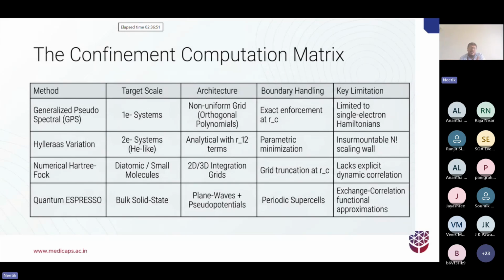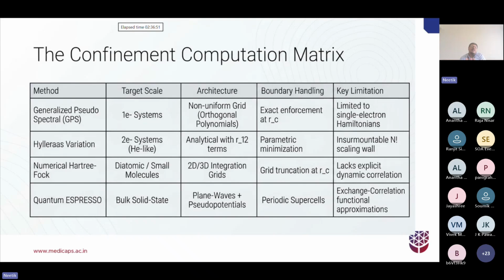In this context, we have used some numerical strategies, because these numerical strategies are an alternative for solving confined quantum systems. We have used the generalized pseudospectral method to solve one-electron systems, and a numerical Hartree-Fock strategy for systems with more than one electron.